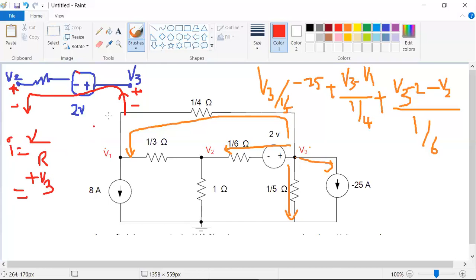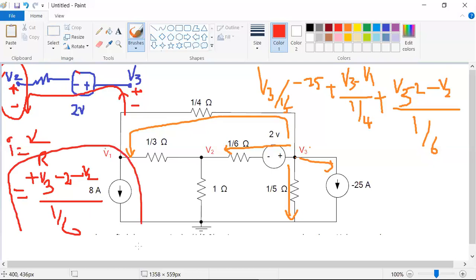No need to repeat again. The leaving sign is V3, and for this voltage source, the leaving sign is plus 2. Then this resistance comes to the denominator. No need to worry about the numerator. Then my leaving sign of this voltage source is minus V2 by 1 by 6. This is the way of writing these equations.